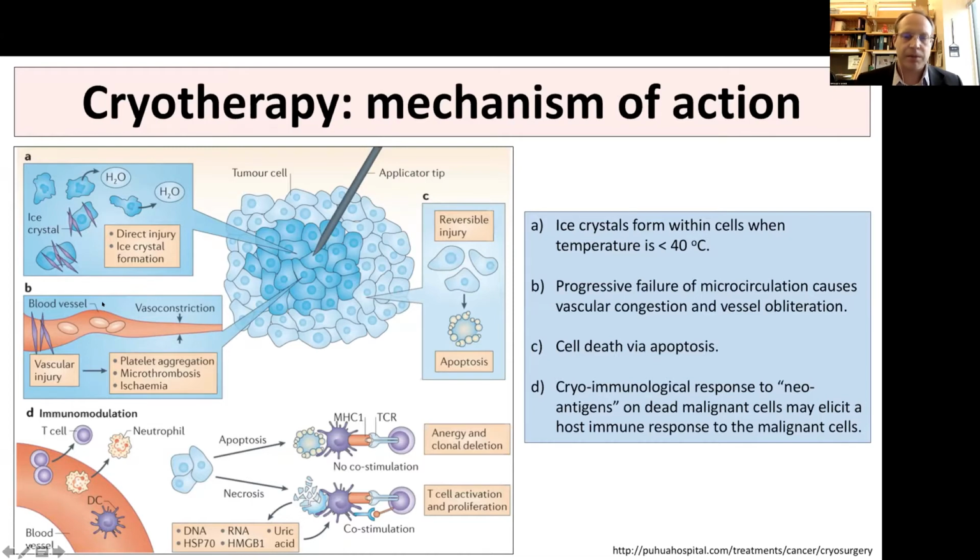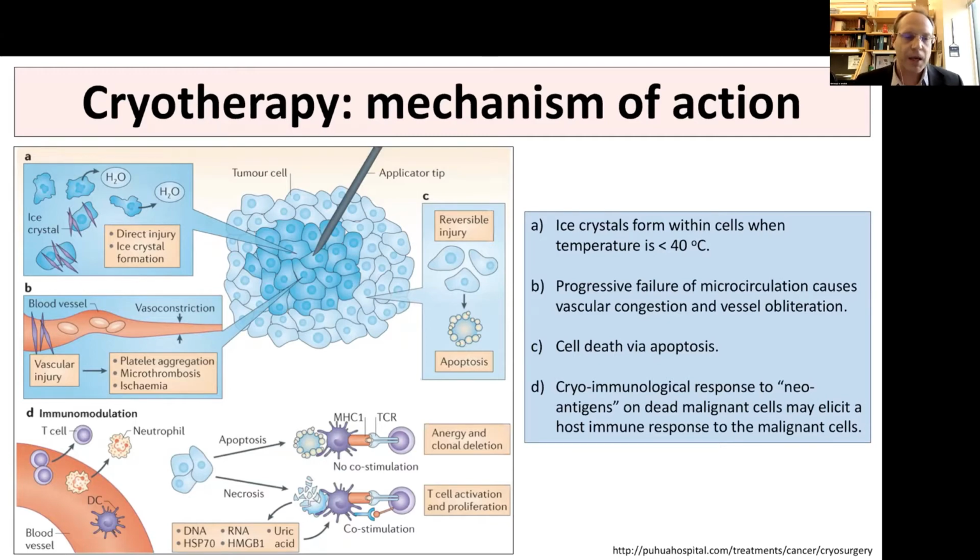And if we go down to B, these ice crystals can also cause vascular injury, leading to platelet aggregation, microthrombosis, ischemia, and vessel vasoconstriction, ultimately leading to failure of the microcirculation, vascular congestion, and vessel obliteration. In C, cell death can also occur via apoptosis. In the bottom, there's an interesting phenomenon called cryoimmunological response.